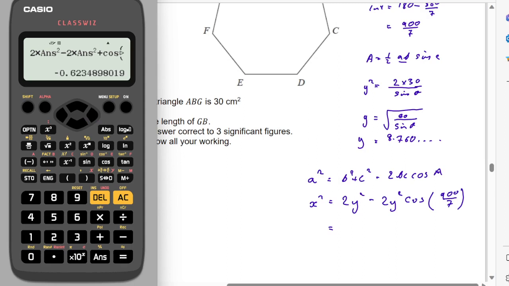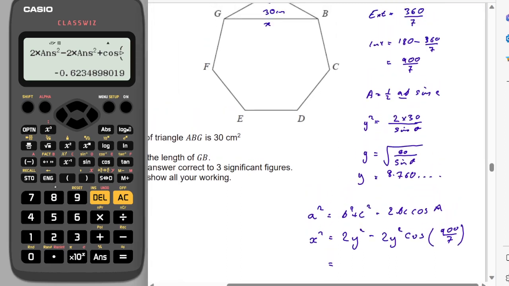So that doesn't look right though. Let's look at that again. 2bc. So something's gone wrong. Let's have a look if we can spot what.